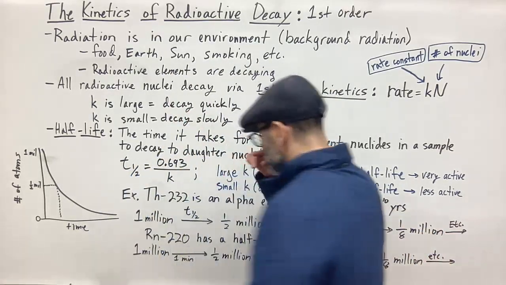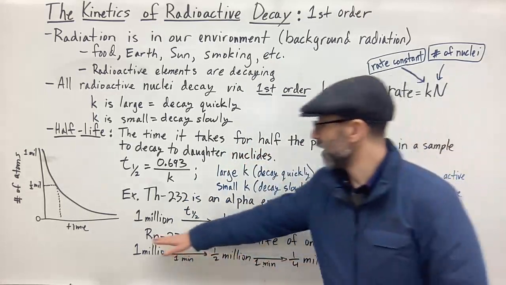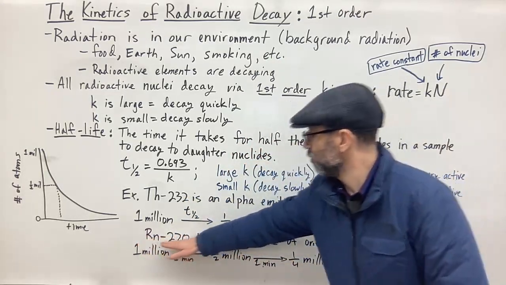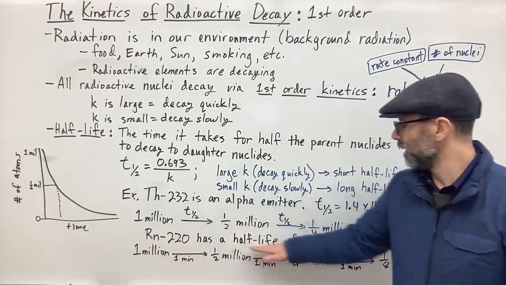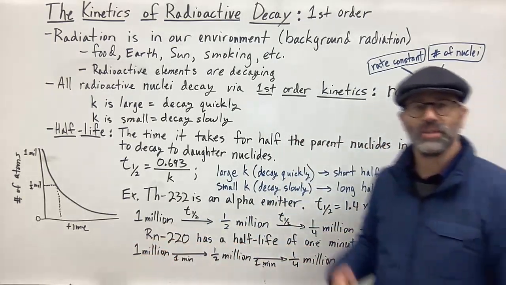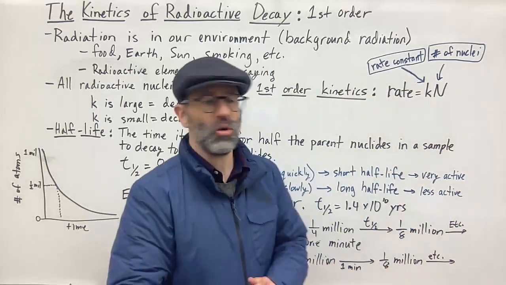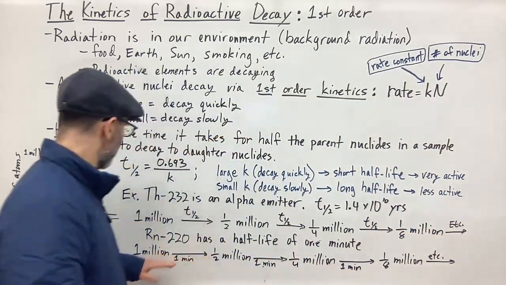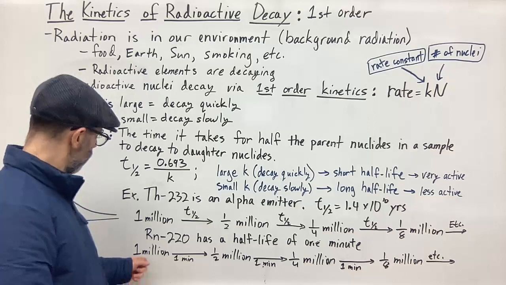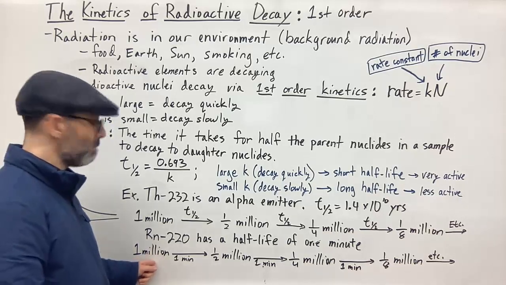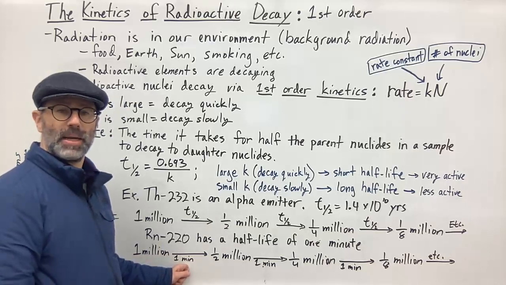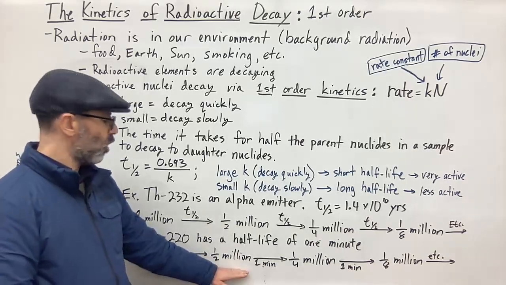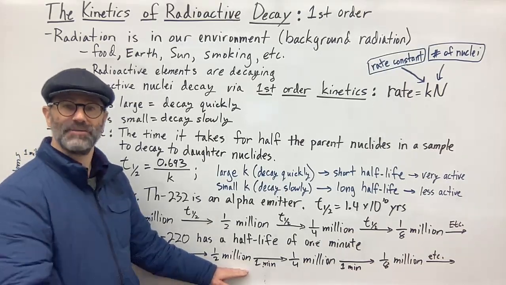So what about this example here? If I have Rn, or radon-220 here, this has a half-life of 1 minute. So it's the same idea. In this case, this is going to decay more quickly. If I again start with 1 million of these atoms, after one half-life, which is a minute, I'm going to end up with 1/2 of a million left over.